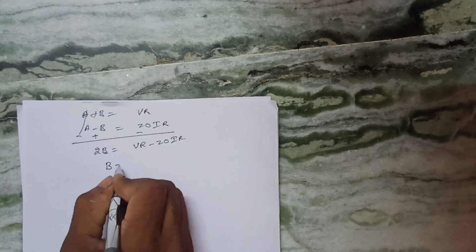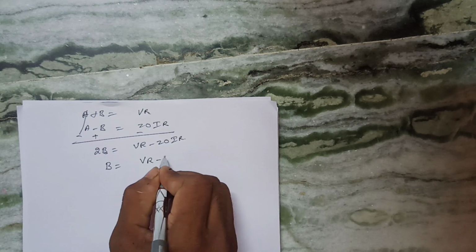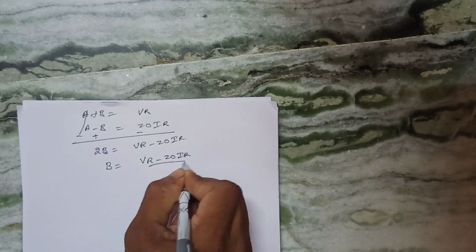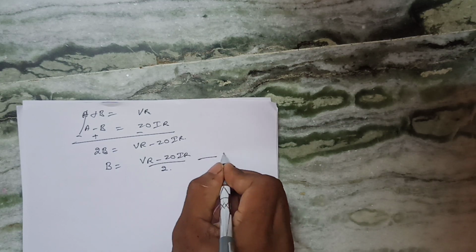Then B is equal to V_R minus Z naught into I_R by 2. This equation is 5.